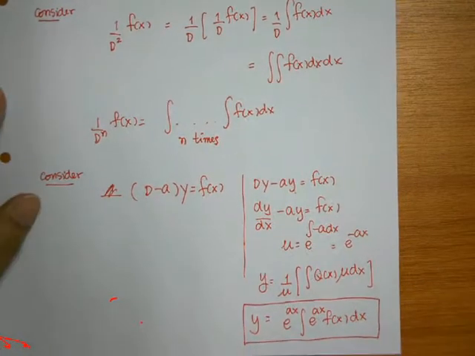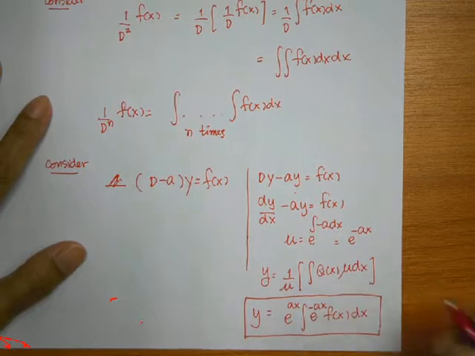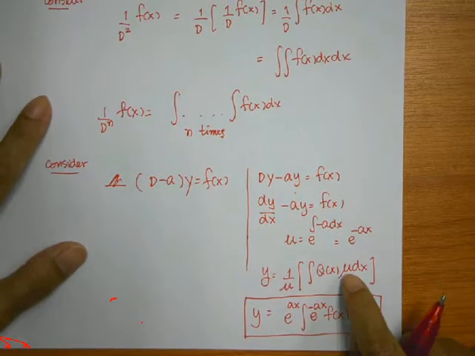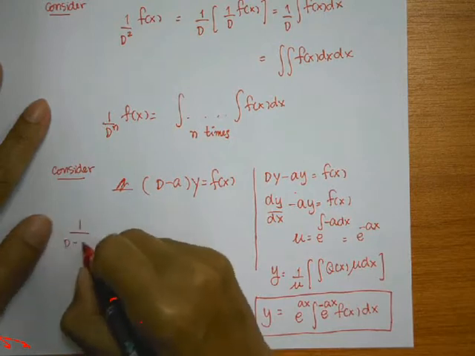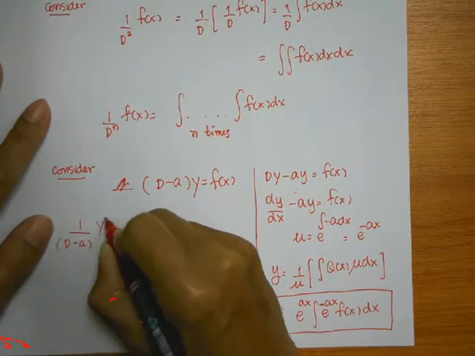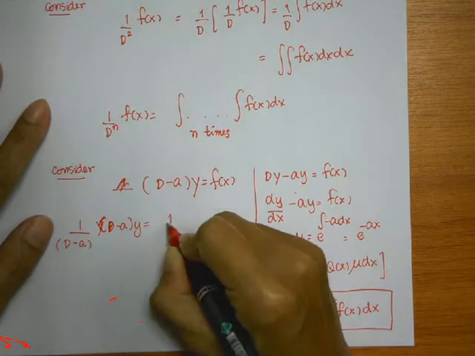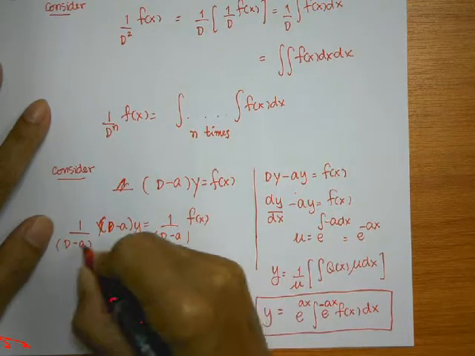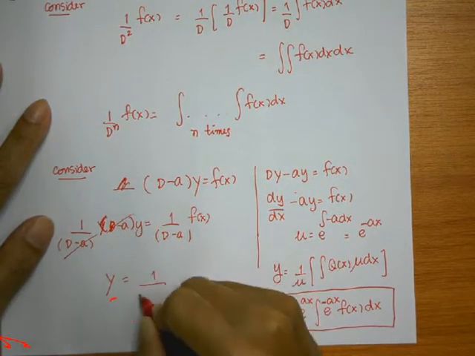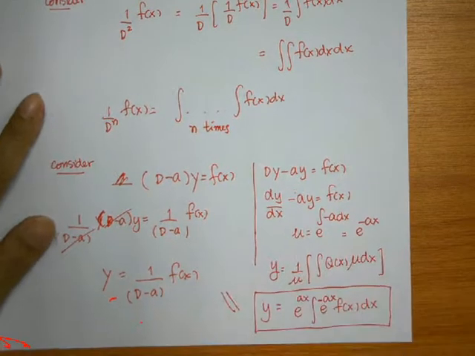Right? This one is minus because it's the integrating factor. But if you want to solve this one, you got to times this one with these two are equal.